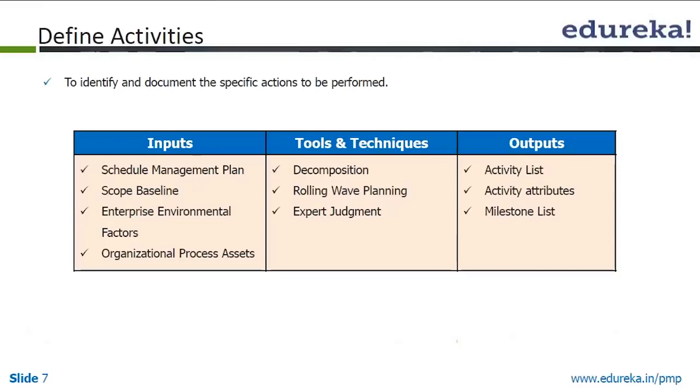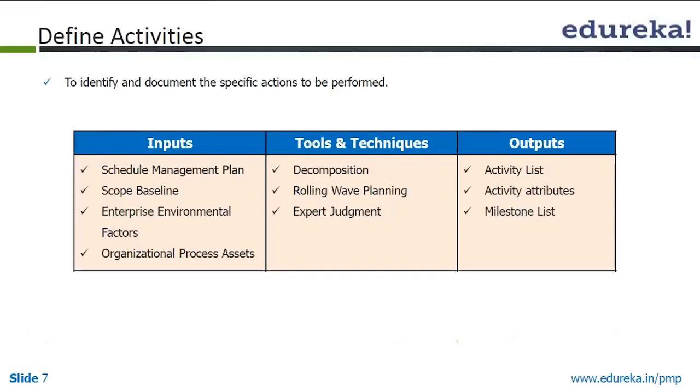Those activities are like, we have to do analysis, we have to do designing, we have to do development, we have to do unit test, we have to do integration test, we have to do UAT, and we can finally say that the work is complete.